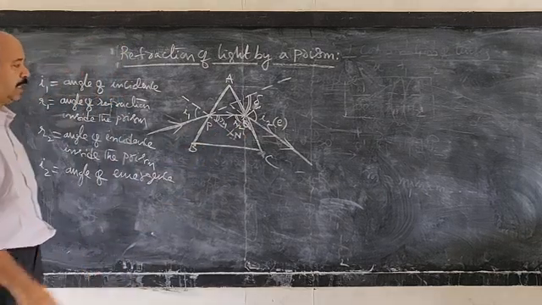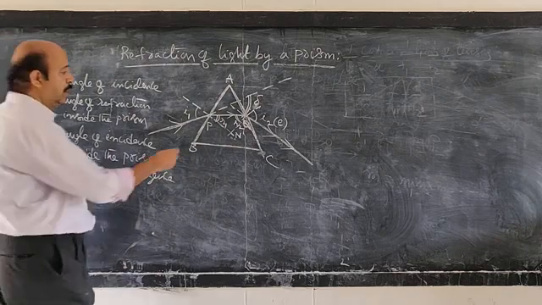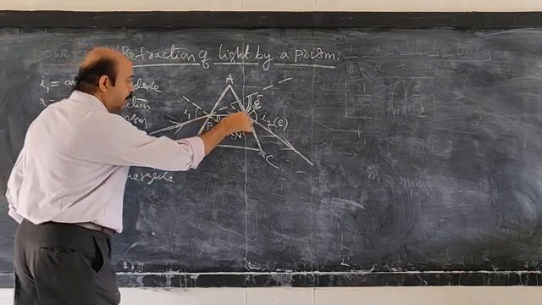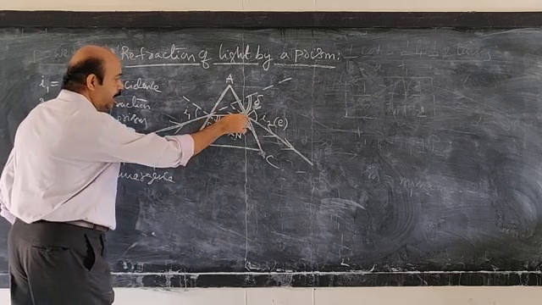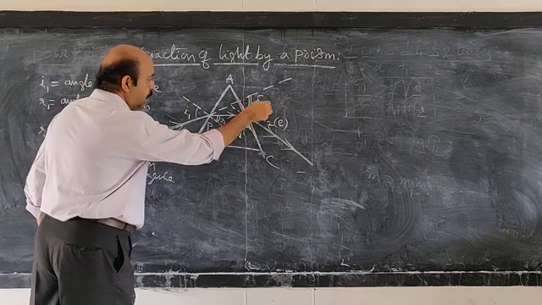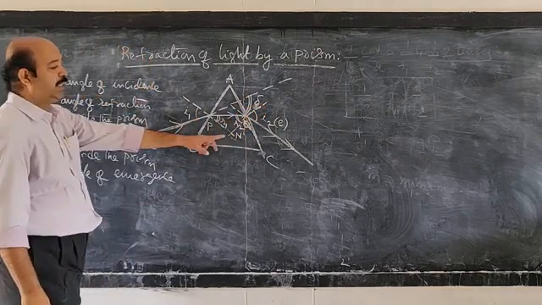This APNQ is a quadrilateral, and in that quadrilateral the total angle is 360 degrees. Here there are two perpendiculars, therefore this angle is 90 and this angle is 90, because these two are normals meeting at the end.